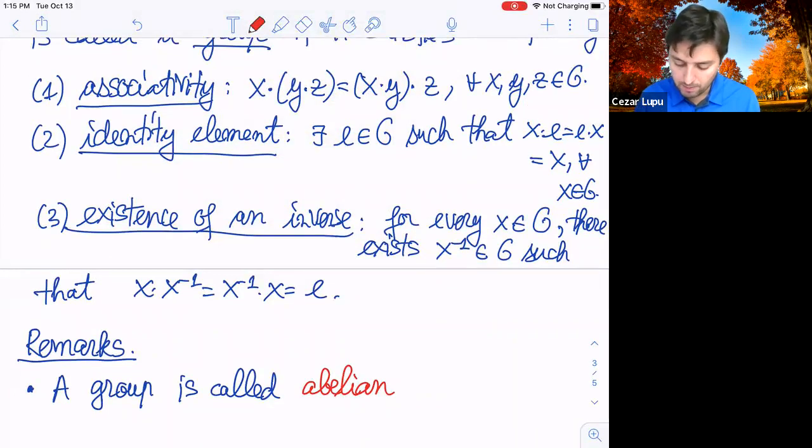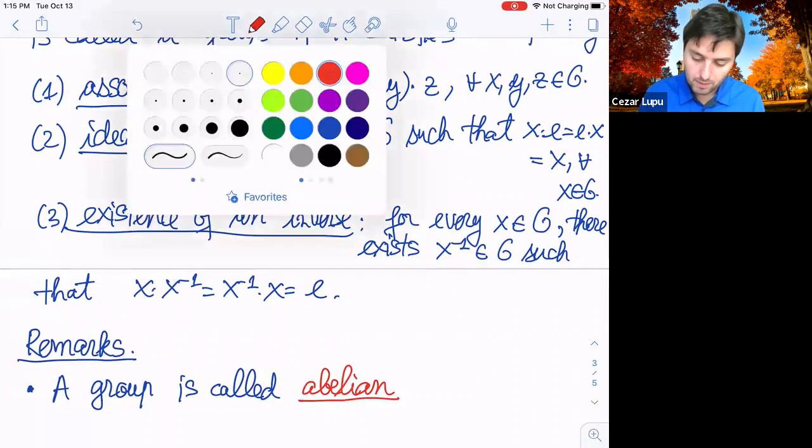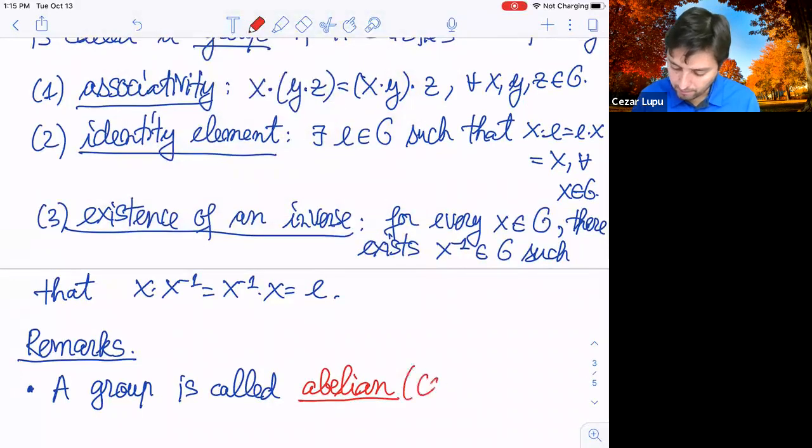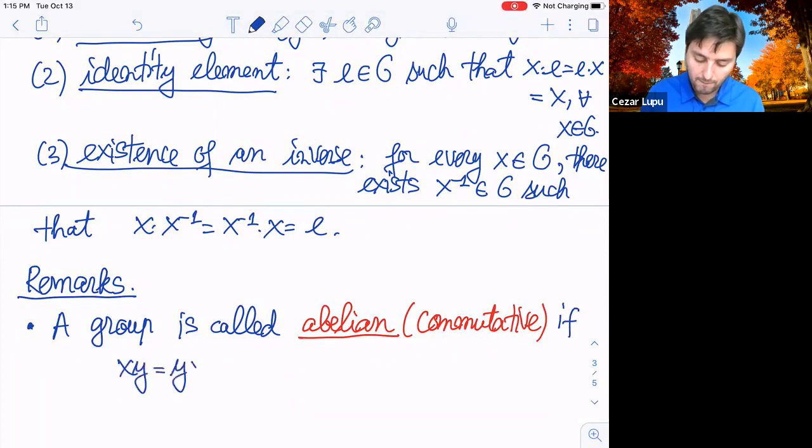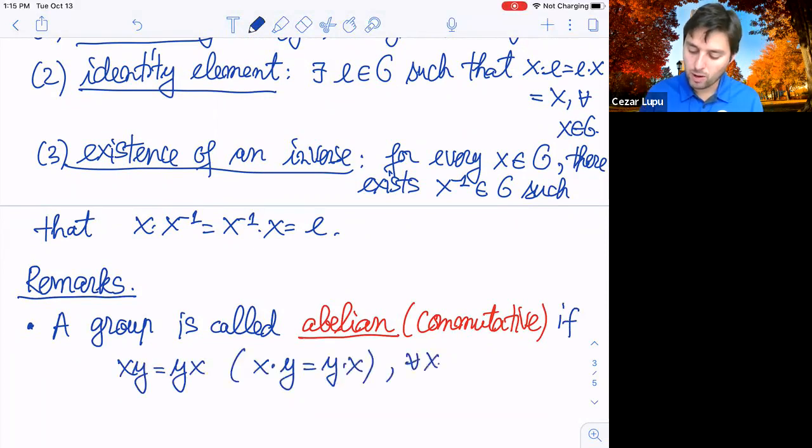So a group is called abelian, or in fact, let me say commutative, if, guess what, xy is the same as yx. I'm not including the dot here, but you can say that x dot y is the same as y dot x for all x and y in G. So this is what we call an abelian group.